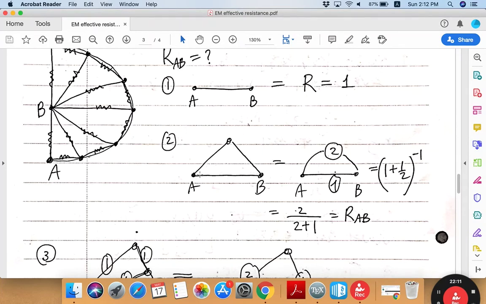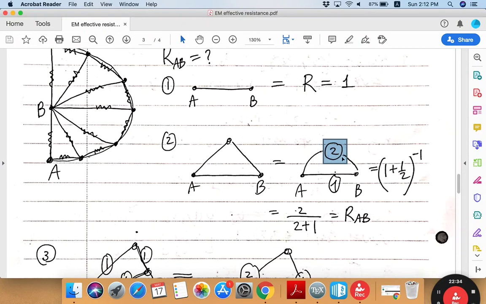So this piece obviously has 2 resistors in series, and therefore ends up being a single resistor with a resistance 2 instead of 1, because you have just added 1 and another 1 here.